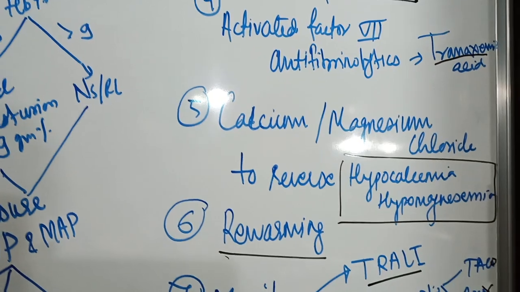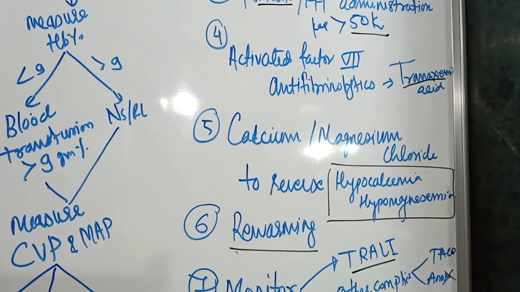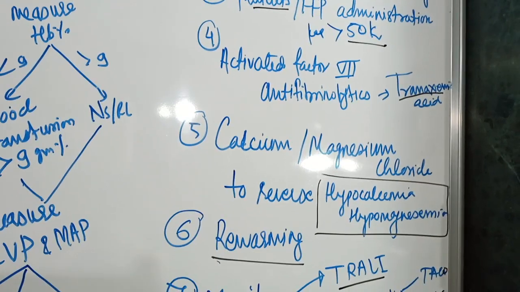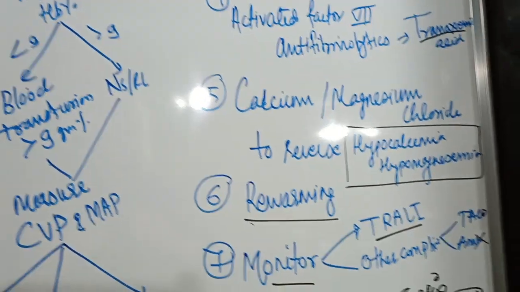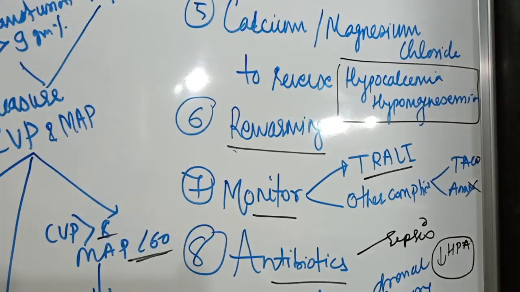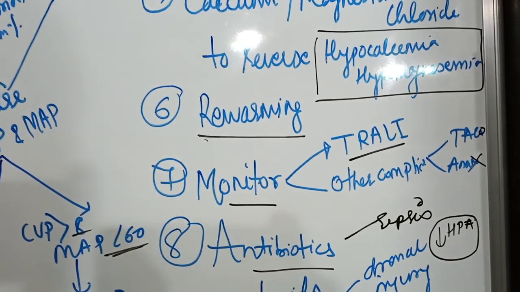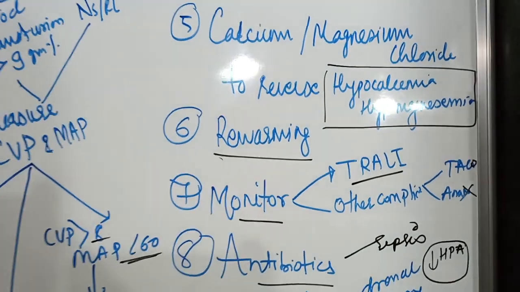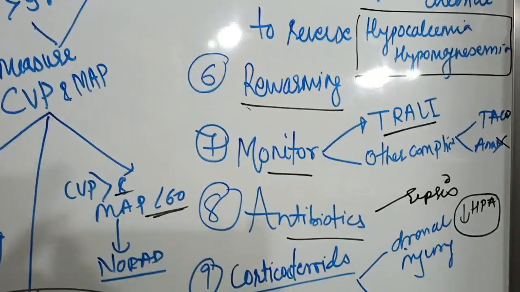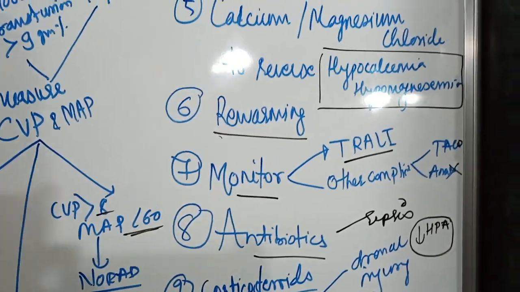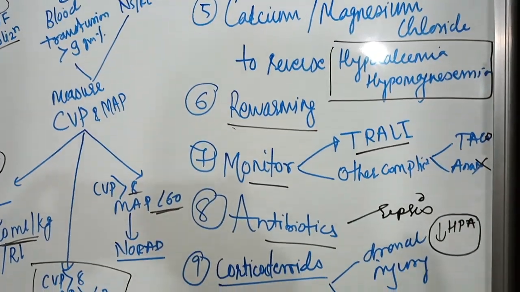Then adequate factor 7 or antifibrinolytics like tranexamic acid we must give, usually in trauma patients. Then calcium or magnesium chloride: calcium is required for coagulation. So during hypocalcemia or hypomagnesemia there is coagulopathy and more bleeding. So we must try to maintain physiological levels of magnesium and calcium.